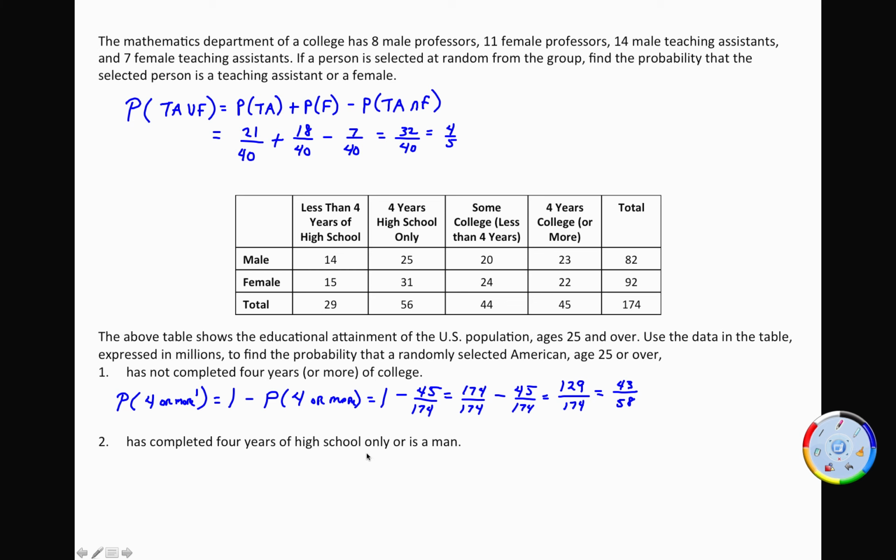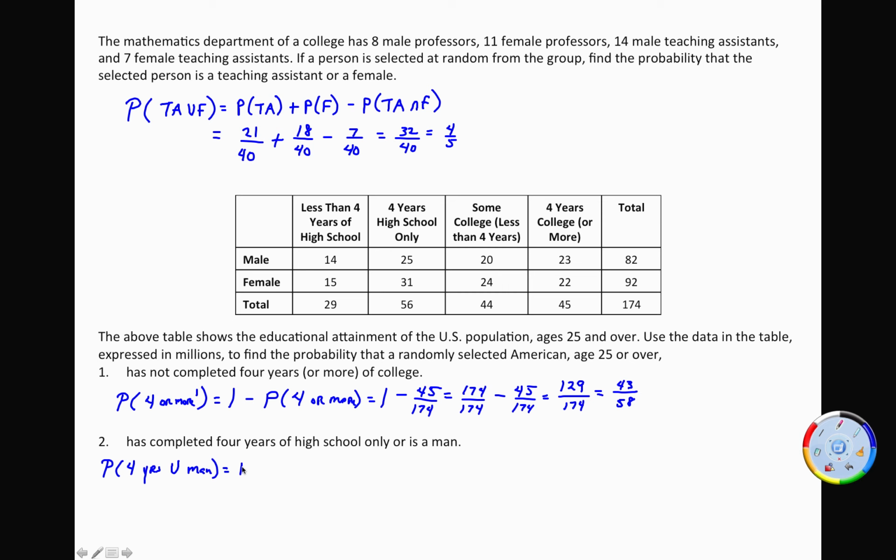Find the probability that a randomly selected American, age 25 or over, has completed 4 years of high school only or is a man. So probability of 4 years only or a man.